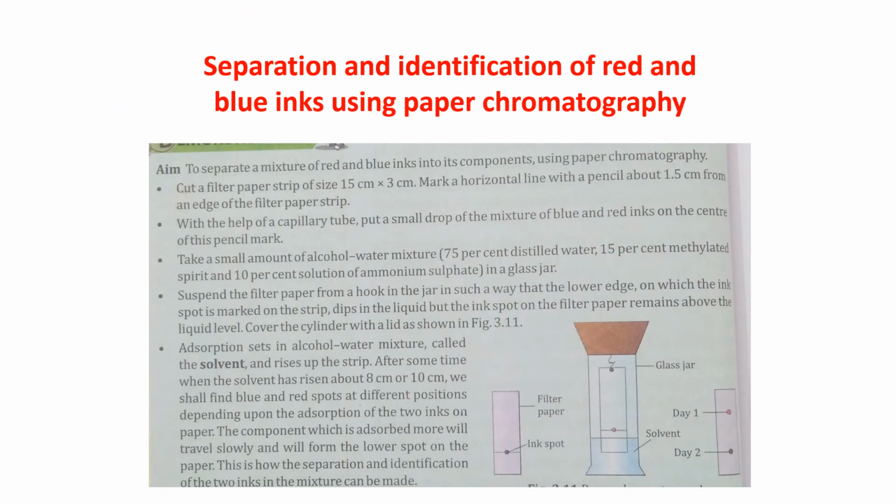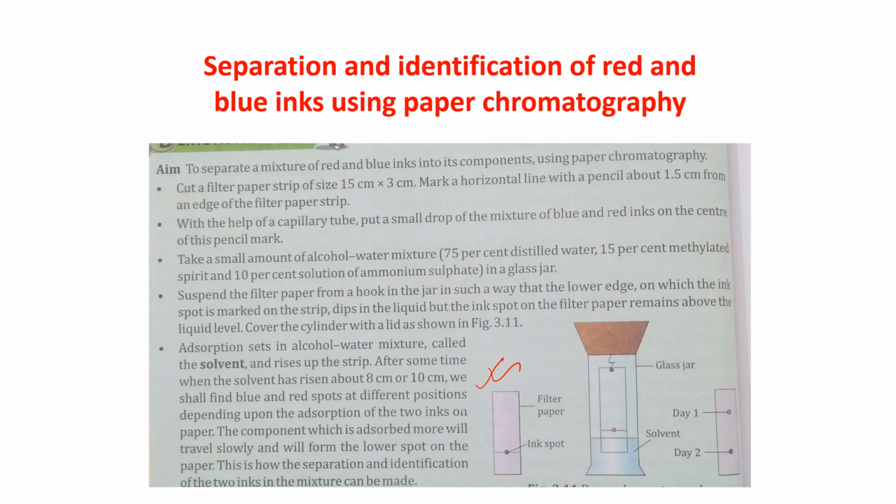See this slide. Separation and identification of red and blue ink using paper chromatography. Read it, what it is said. This is a filter paper. Now in that filter paper, take a pencil spot. Now in that spot, put the ink solution.